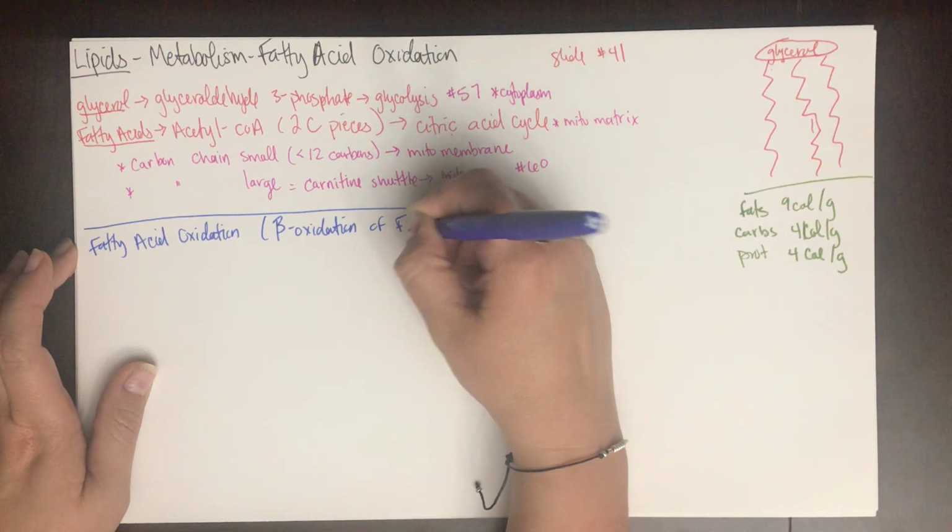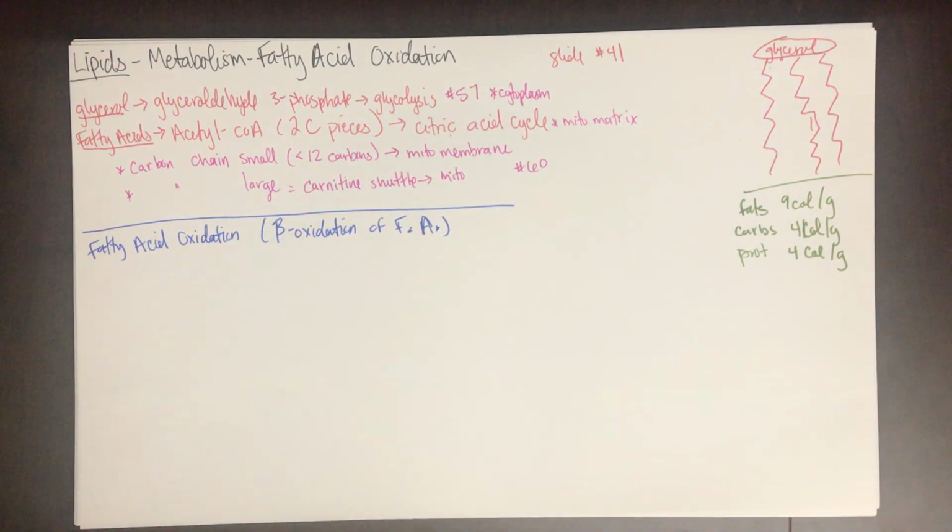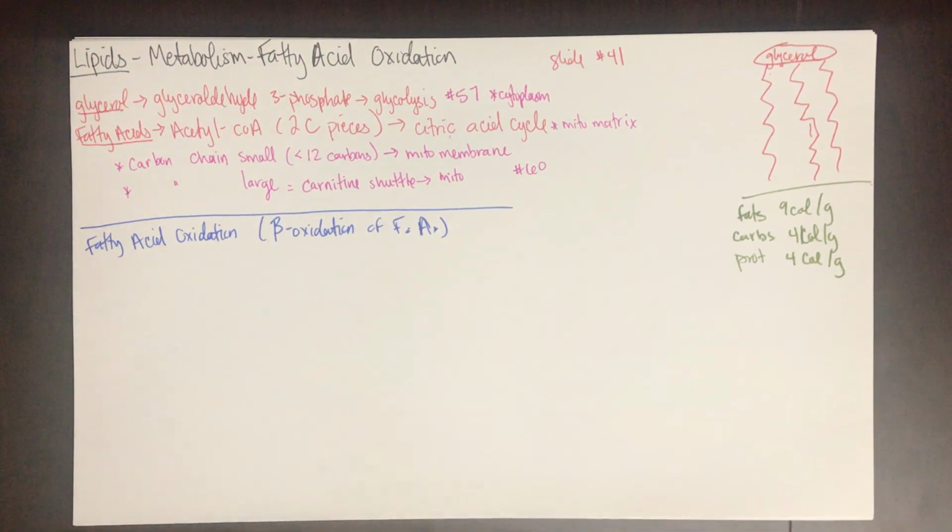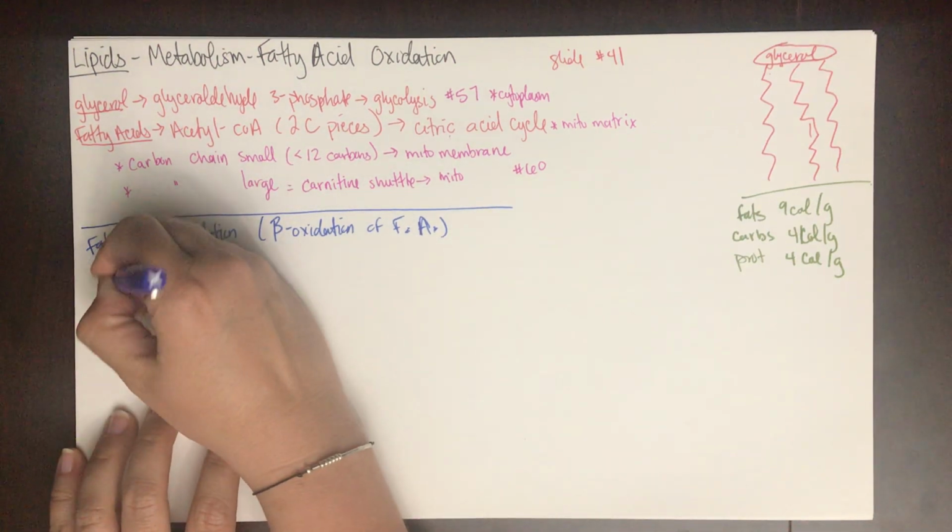And I used a few slides from a few different textbooks or different sources. So if you see it kind of used interchangeably, that's why. And it means the same thing. Okay, so the first step is the conversion of the 2 carbon units that have been cleaved off into acetyl-CoA. And that's going to make NADH.